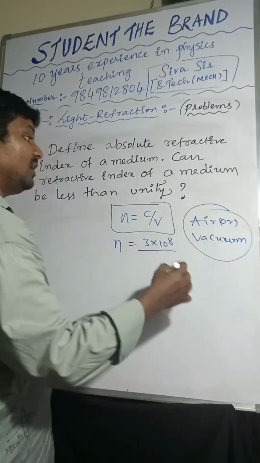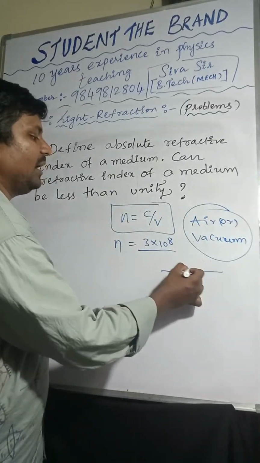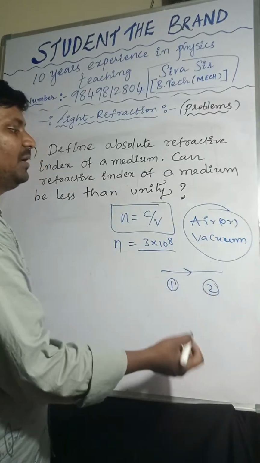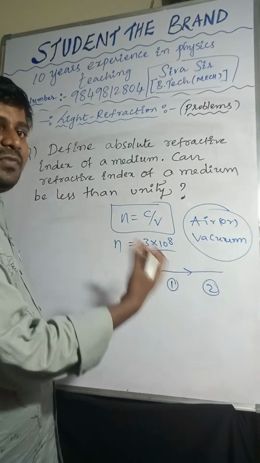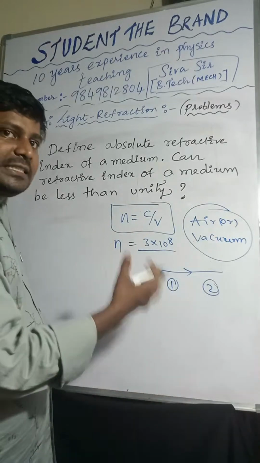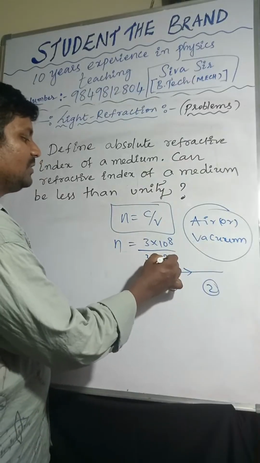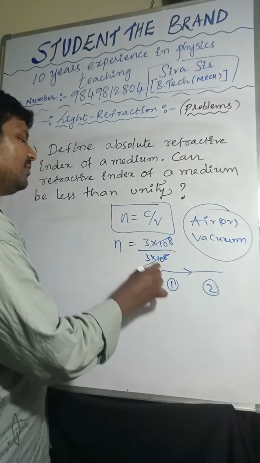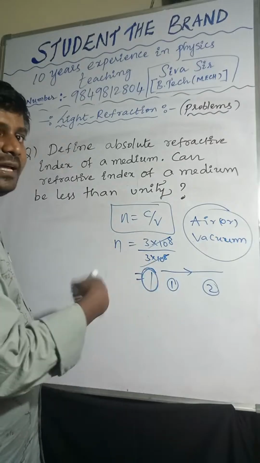If both mediums are the same, you still get 3 into 10 power 8 meter per second, and the ratio is one. So it should be greater than or equal to 1.